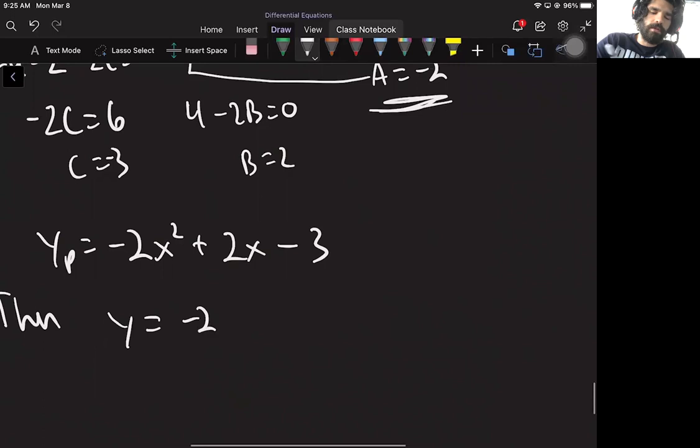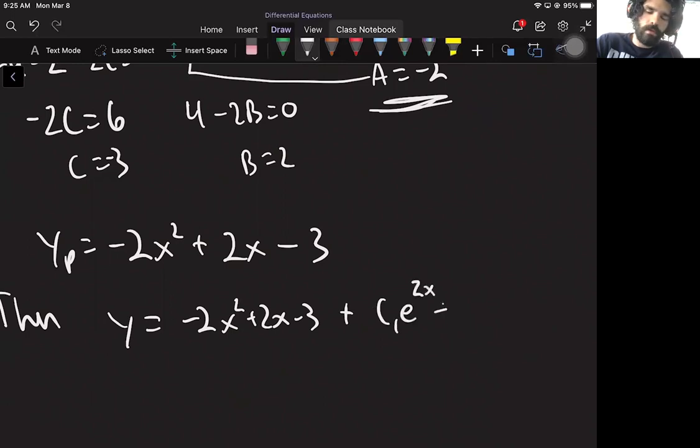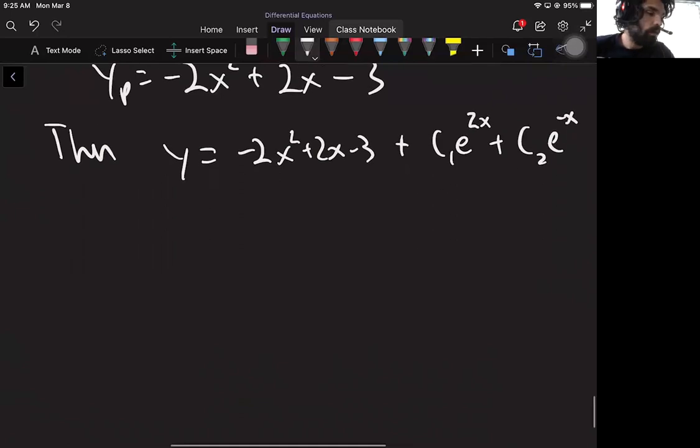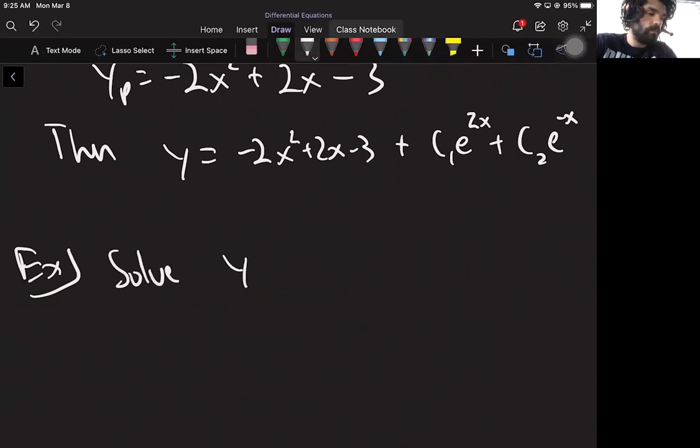It's the particular solution plus the complementary solution, which we did a long time ago. And that's it. Okay, so that's that.